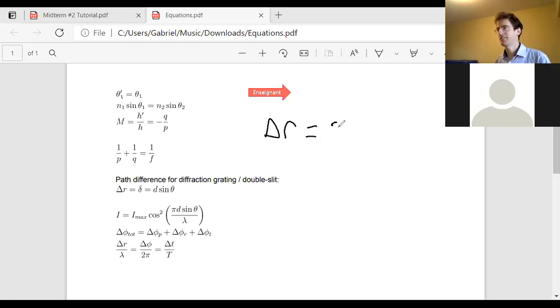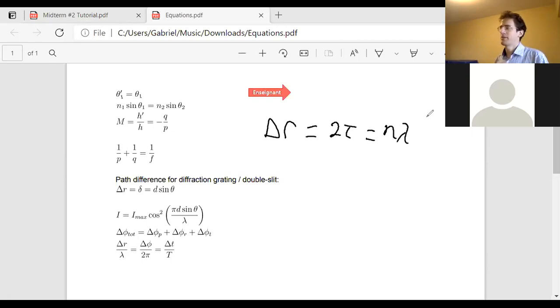So the path difference has to be 2 times that thickness. And you also know that if they're both emerging in phase, then as long as the thickness is equal to some multiple of the wavelength, that guarantees constructive interference between the two rays.